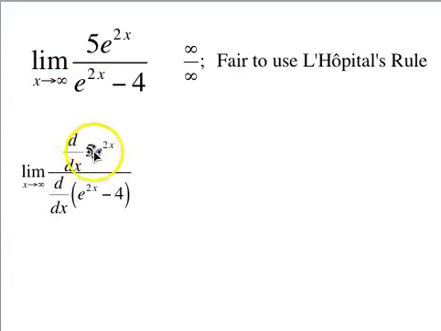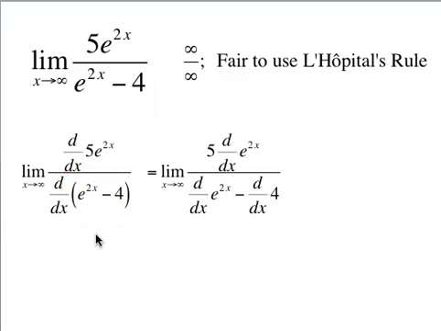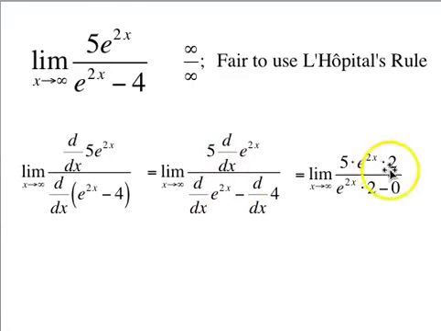Simplifying this, the 5 comes in front of the derivative operator. The derivative of e to the 2x minus 4 is the derivative of e to the 2x minus the derivative of 4. Derivative of the sum is the sum of the derivatives. So here we're going to get 5 times the derivative of e to the 2x, and from our little rule, that's 5 times e to the 2x times the derivative of 2x, which is just 2.